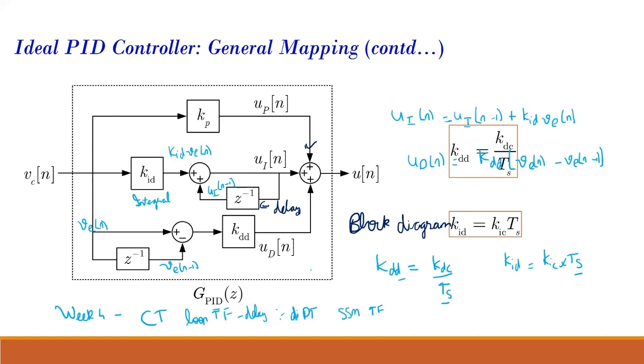If we do that, then the transfer functions match, and we can design our controller. We design our controller using continuous time, and then this continuous time controller is converted to the digital domain using these formulas, and implemented on our digital platform, either FPGA or microcontroller.